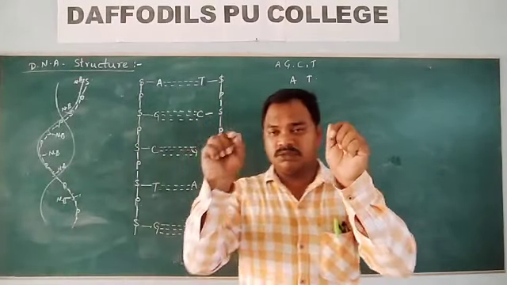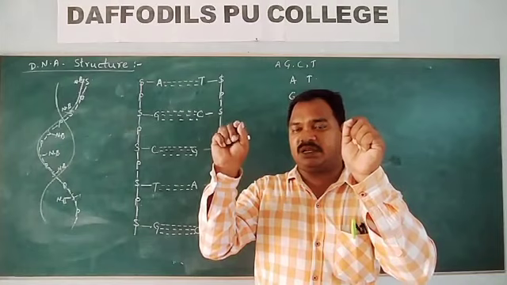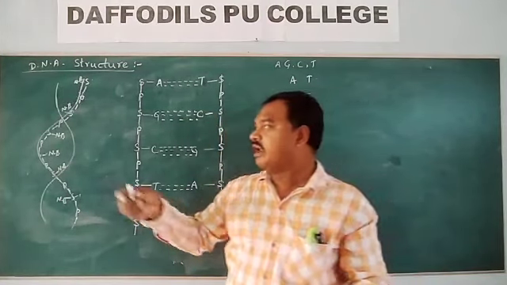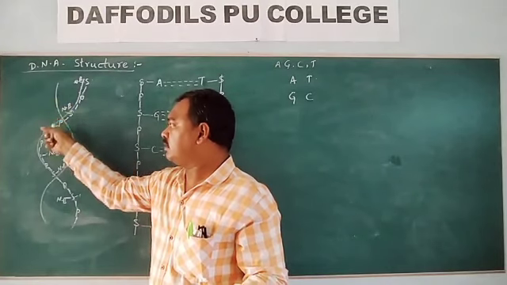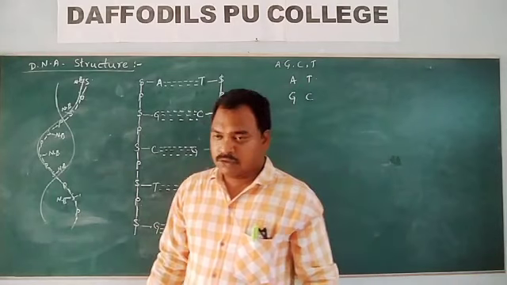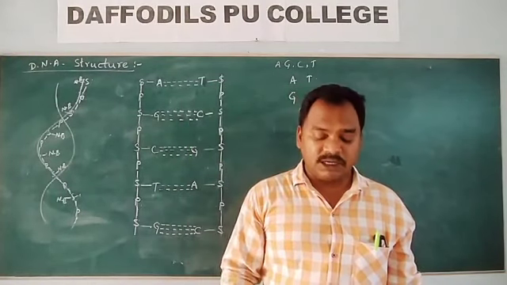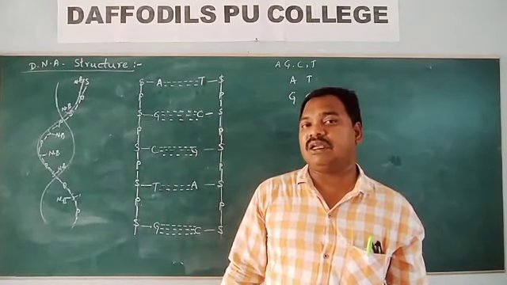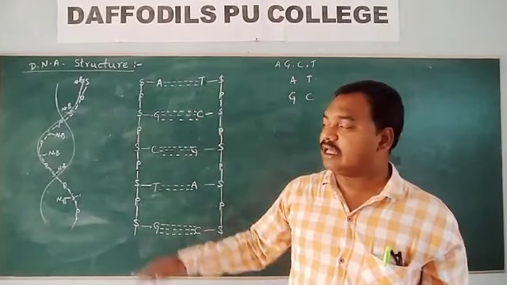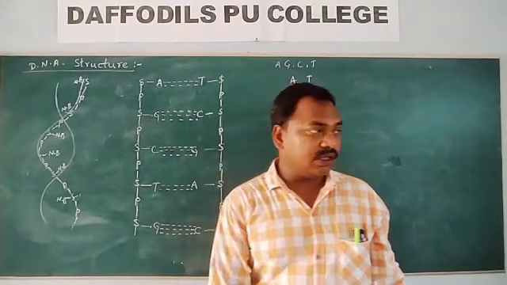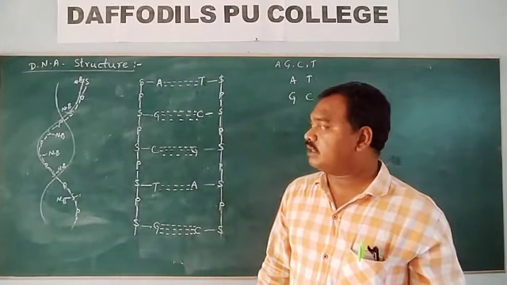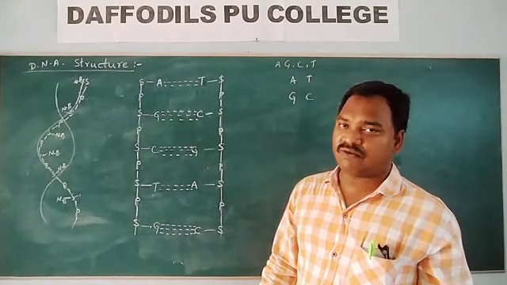Just twist it in the right hand direction, then you get the helical structure of this DNA. So in DNA, what kind of helical twisting is present? Right hand twisted helical is present, also known as the alpha helical form.